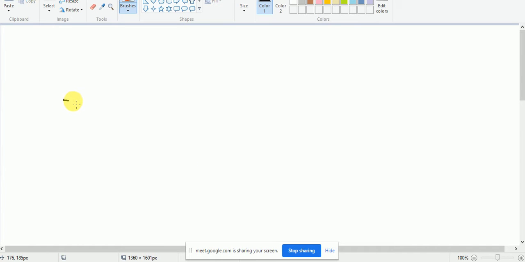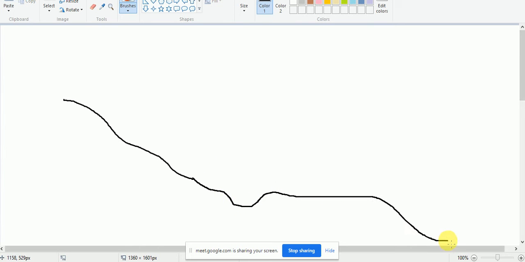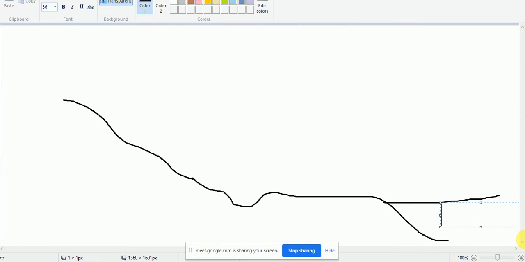See here, this is a mountainous area. And here this is a plain area, and here we have a sea. Let us say this is a sea, a water body.